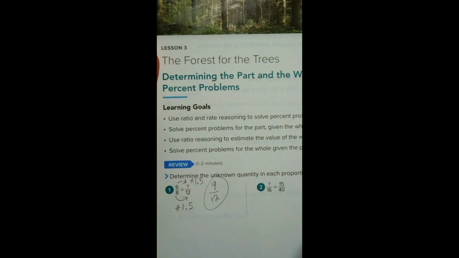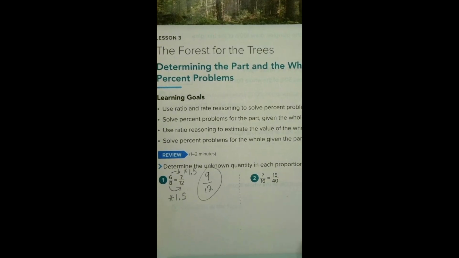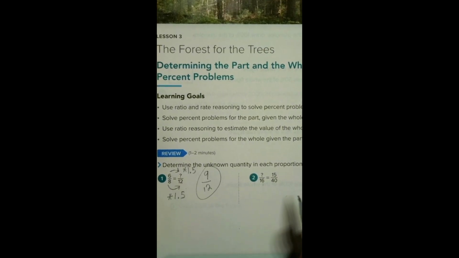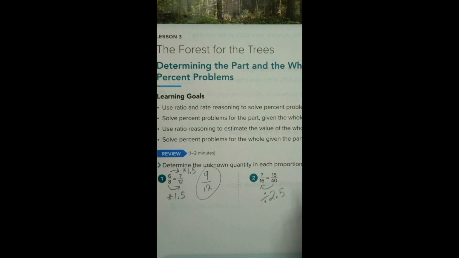Okay. So then the next one, something over 16 equals 15 over 40. So this time we're going in this direction. So how do you go from 40 to 16? That is a divide by 2.5. And if you didn't know, you could do 40 divided by 16 in a calculator, and you should get 2.5.